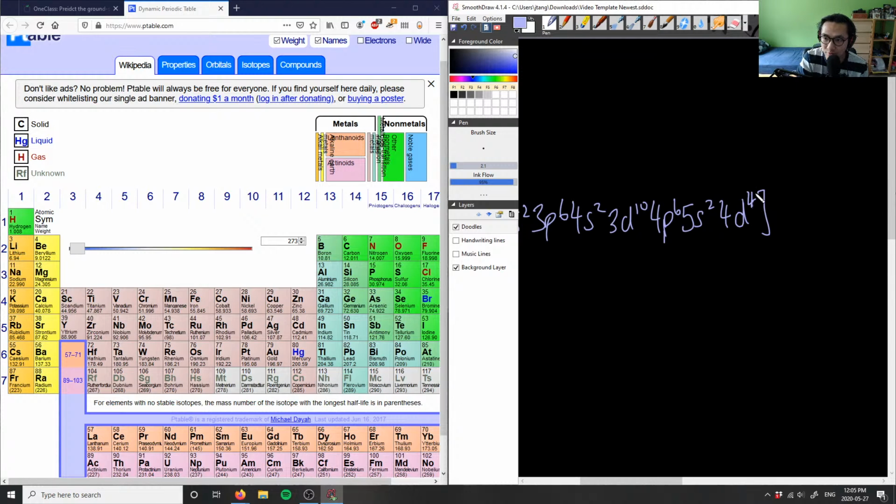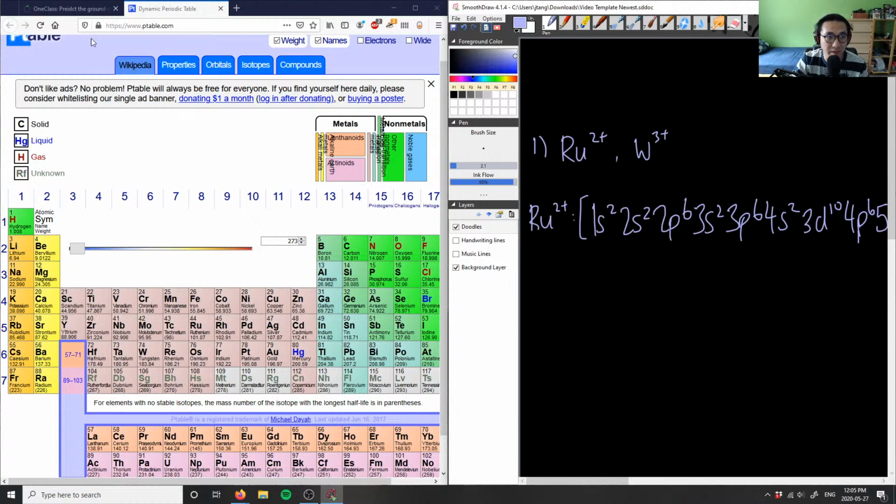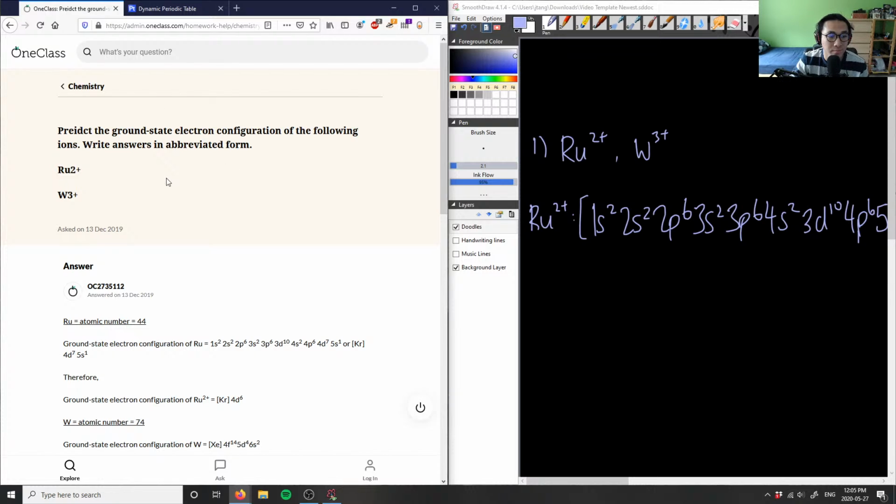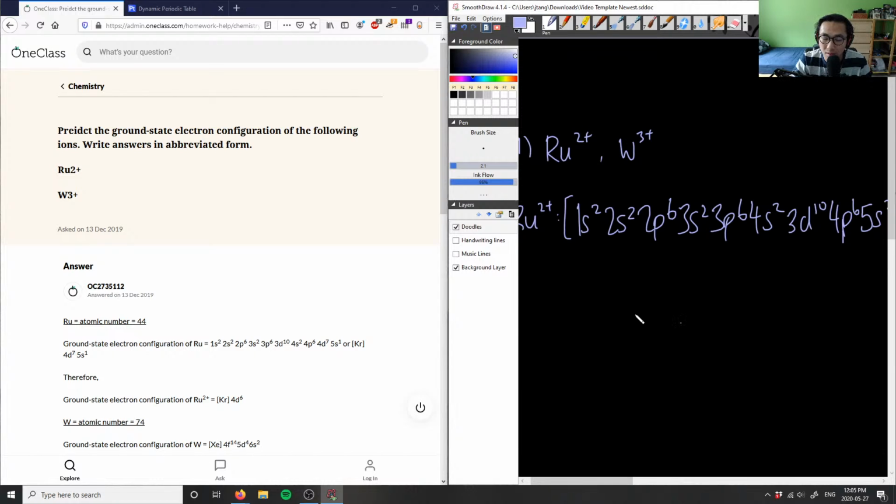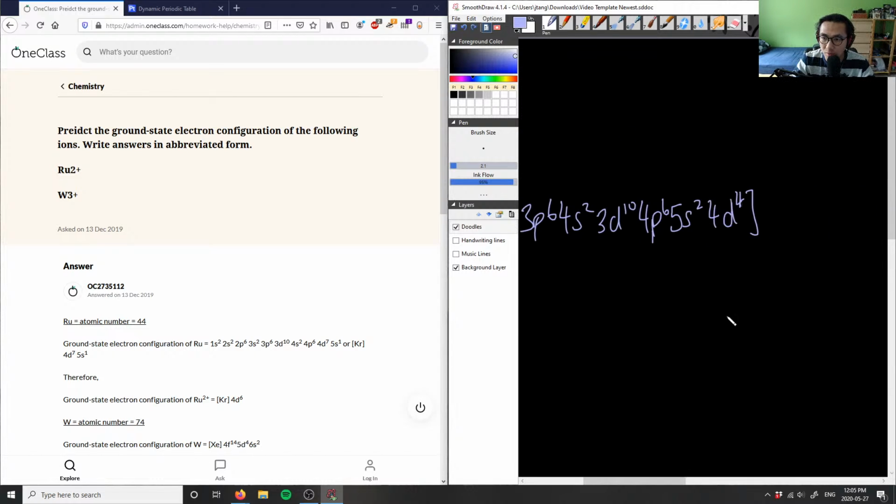But what we want to write here is the ground state, actually. So we want Ru and not 2+ here. So this goes back to 6. I didn't read the question, sorry. This is actually going to be 4d6, because we want these in the ground state.